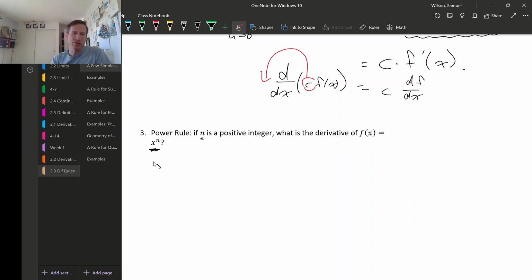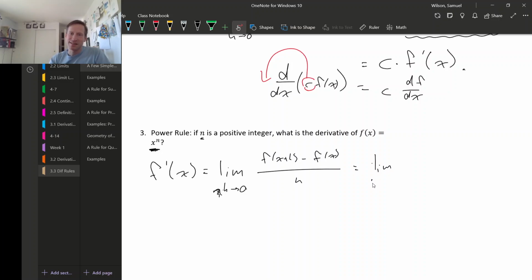Okay, so to find the derivative, until we have a derivative rule, we have to use the limit definition. So limit as h goes to 0 of f of x plus h minus f of x over h. So this is the limit as h goes to 0 of x plus h to the n minus x to the n over h.